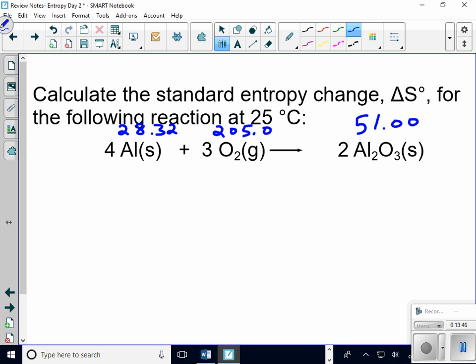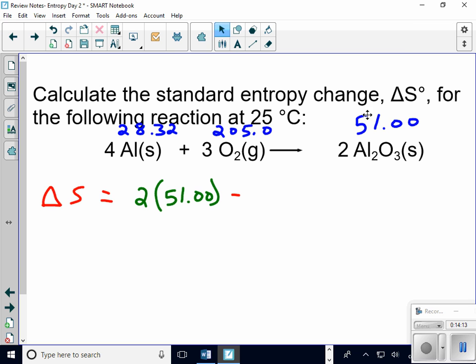So now I have my values. I need to go ahead and calculate them. Well, like I said before, my delta S, my change in entropy, is equal to my products. I have 2 of the aluminum oxide minus the entropy of my reactants.